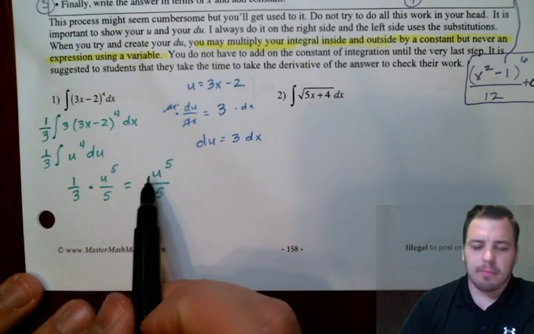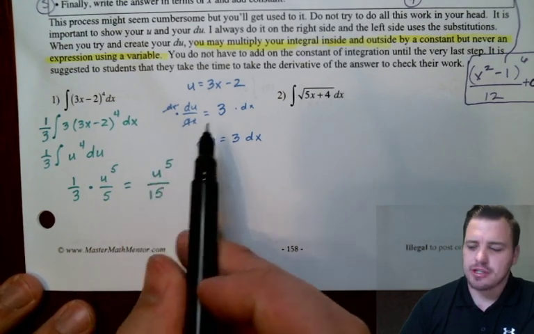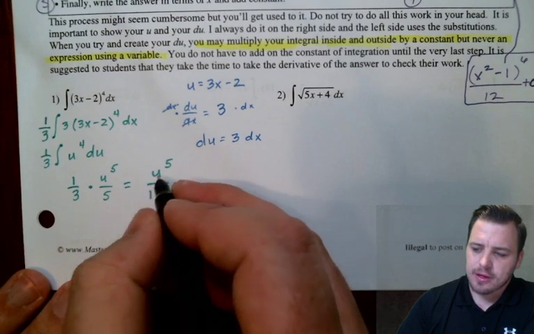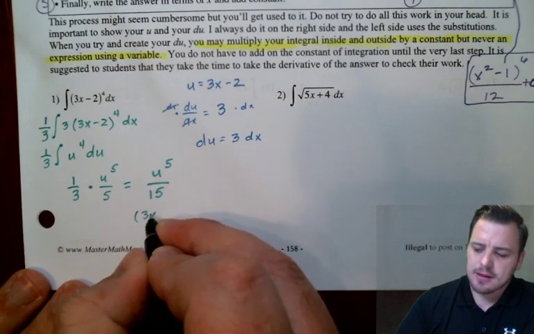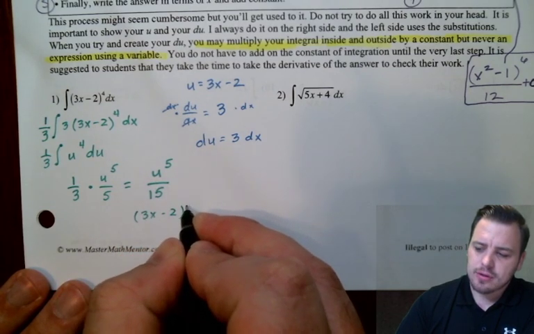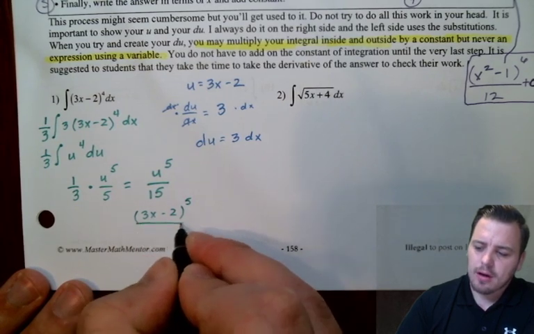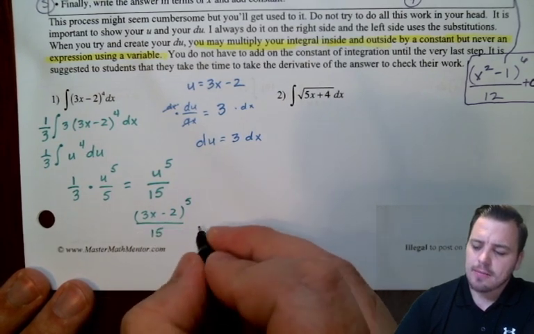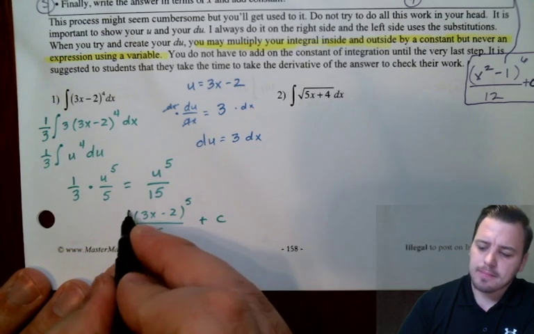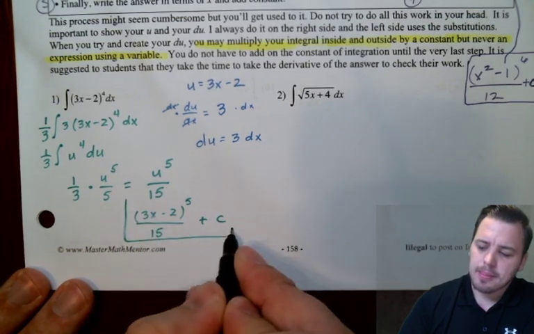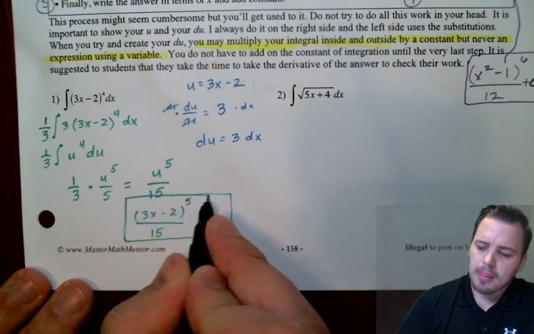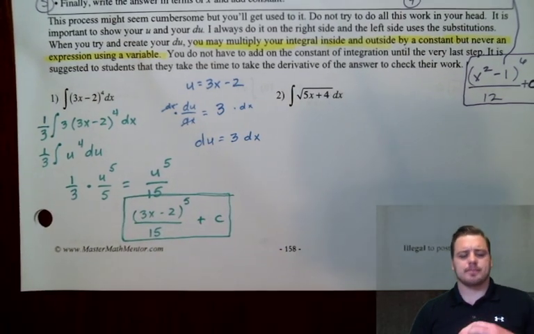And then we just replace u and add the c. So that would be u is 3x minus 2 to the 5th power over 15 plus c. And that's what we're looking for, guys.